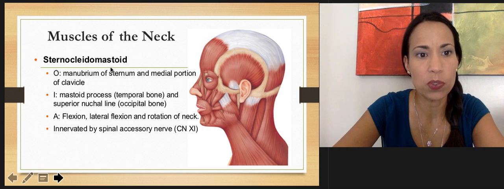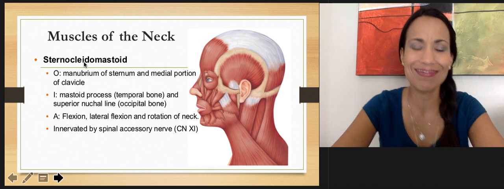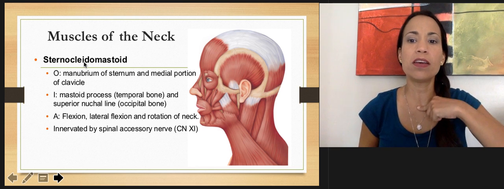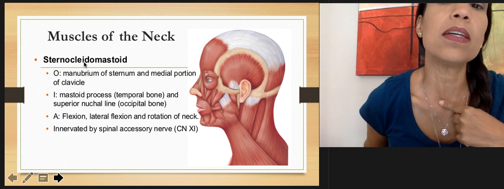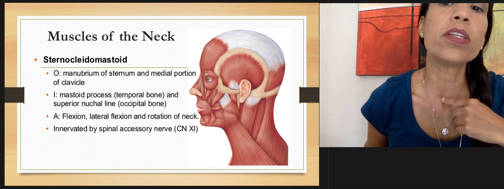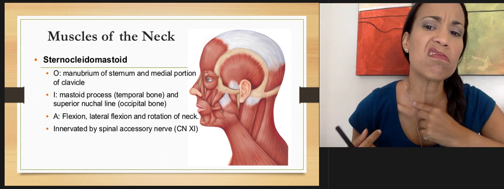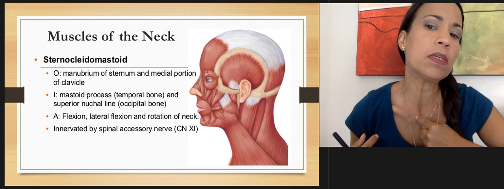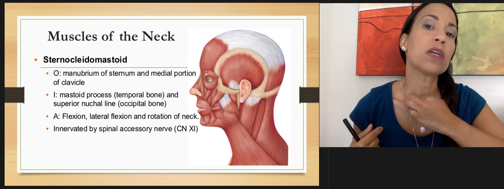Sternocleidomastoid. Sterno, well, yes, originates on the manubrium of the sternum. Can you see it here? This tendon in here. Sternum, head, cleido in the clavicle. Cannot see it, maybe here. Here it is.